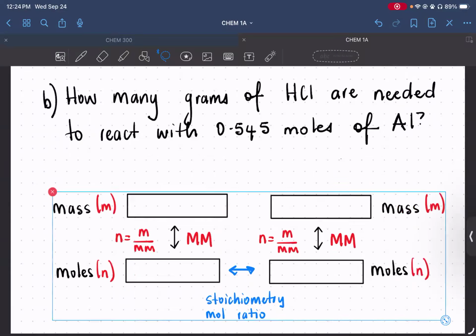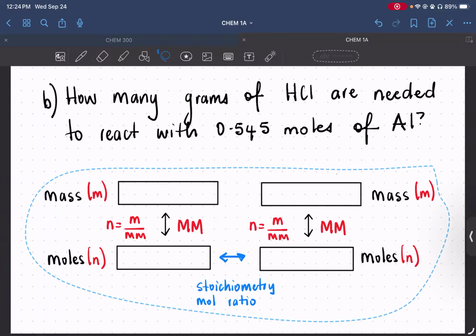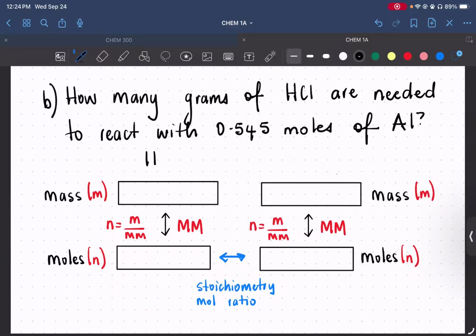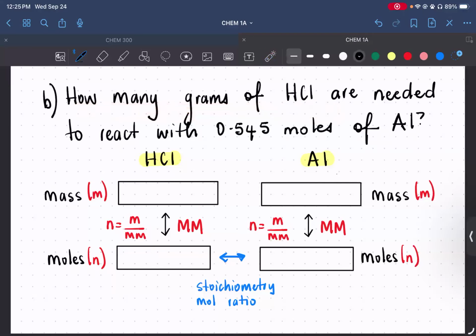The chemicals we are dealing with in this question: number 1, HCl. Number 2, aluminum. It does not matter left or right, which one, wherever it is, because they're both saying the same thing. The question outright asks us how many grams of HCl are needed. So we know based off that wording, that's what we're trying to find. So we're going to put the question mark.